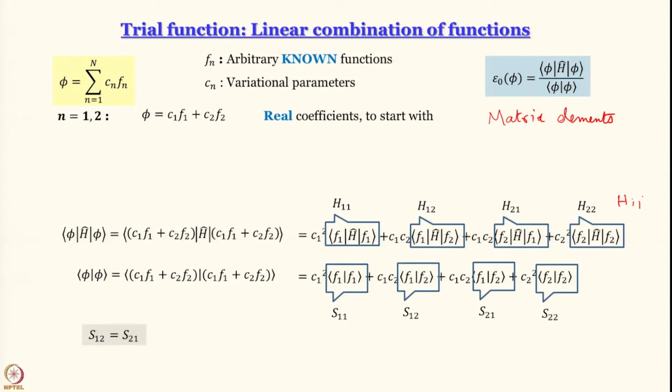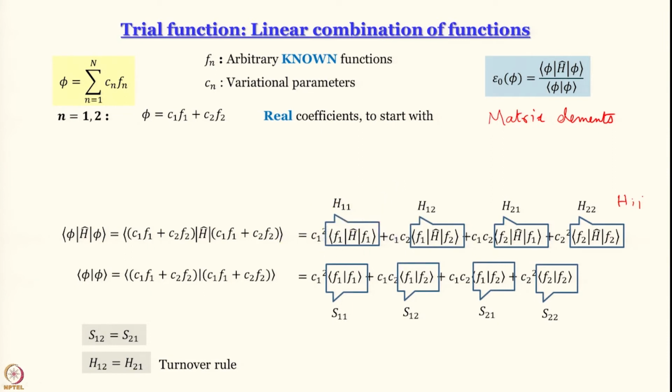So, it is trivial and very easy to see that S12 has to be equal to S21. It should also be very easy to see that H12 equals H21. Why? Because we know the turnover rule, right. So, we can easily write integral F1 star H F2 is equal to integral F2 star H F1.